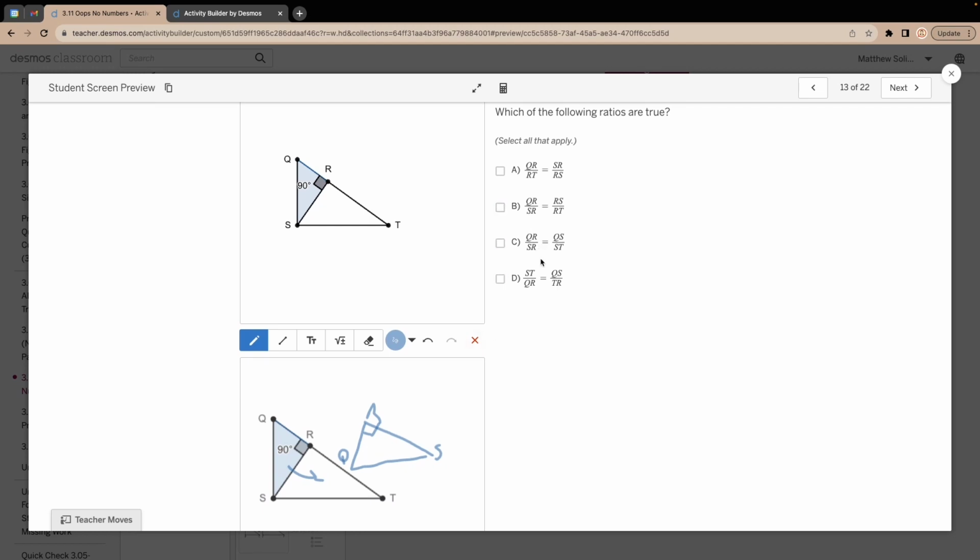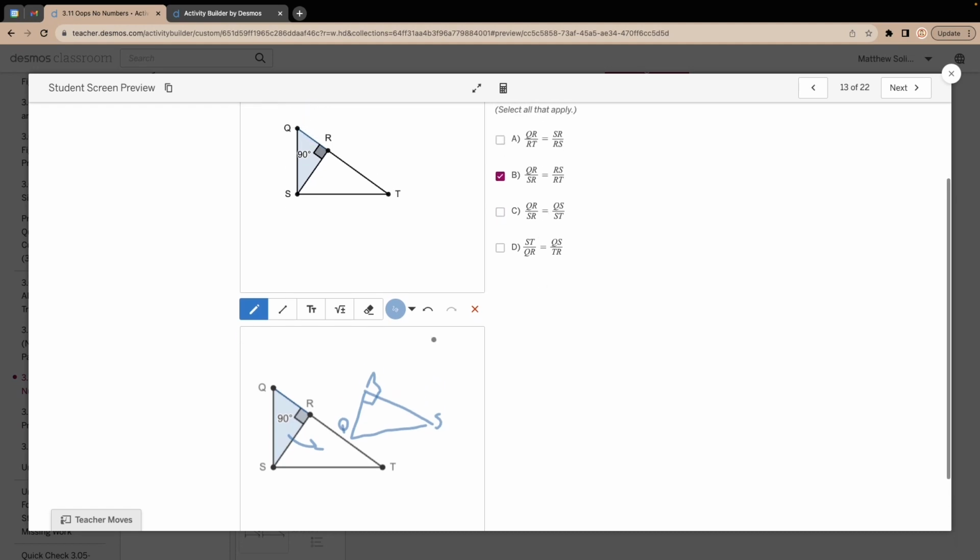So I'm looking for RS and RT. So let's just double check the other side. QR matches up with SR. Yep, those two sides would match up. And then RS over RT. So we just want to draw and match up those corresponding sides.